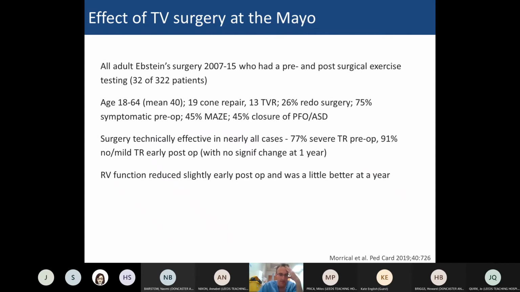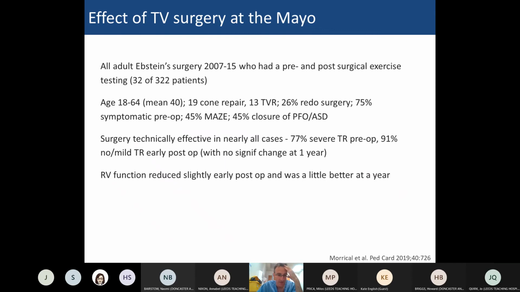So they felt that in their hands, surgically, it was technically effective in nearly all cases. Pre-op, 77% of them had severe tricuspid regurgitation, and post-op, more than 90% had no or mild tricuspid regurgitation. And that was a fairly durable change at a year. So they technically fixed the TR.